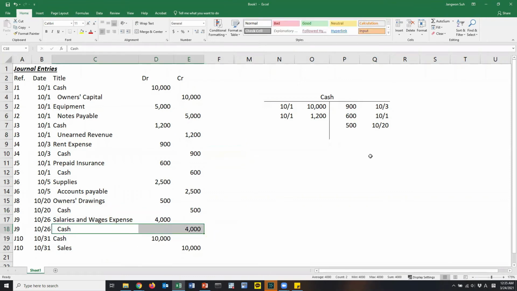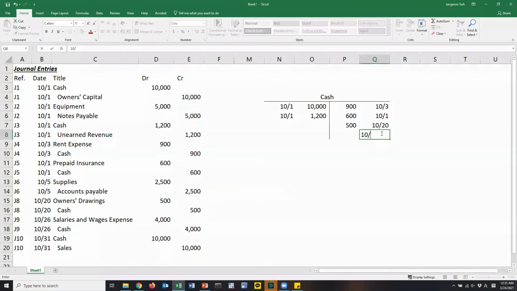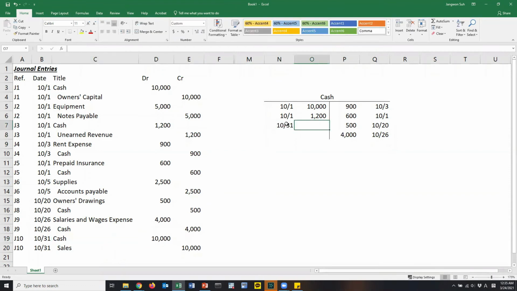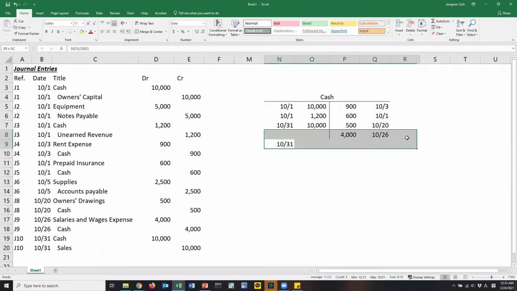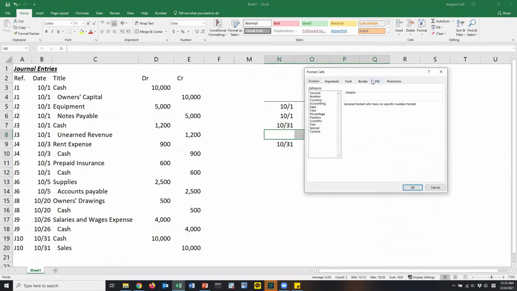And then on 26th, 4,000 is credited. Finally, 31st, 10,000 is debited. When you are done, at the end of the period, you close by drawing another line.